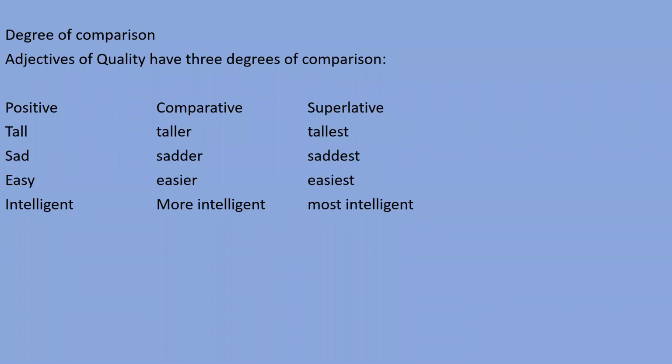If I say sad, one sound means 1 syllable. If I say easy, so 1 sound is there. So whenever there are more than 1 syllable, 2 or 3 or 4 syllables, we should use more and most while making these degrees, means positive to comparative and comparative to superlative, right?